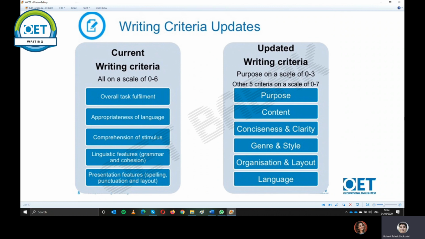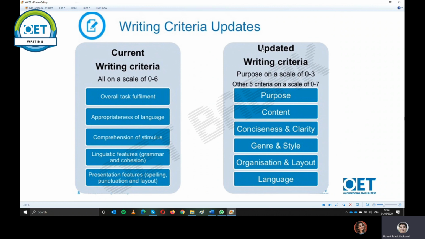It's 0, 1, 2, 3, so there are 4 possibilities. And the rest have 7 marks, so there are 8 possibilities from 0 to 7 for each of these.